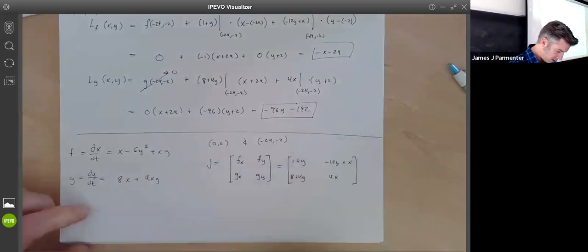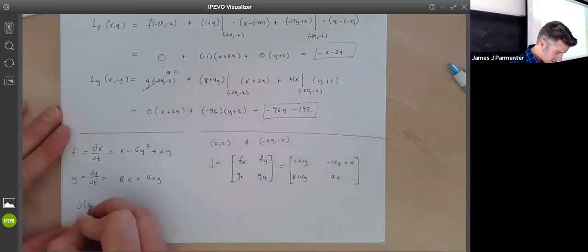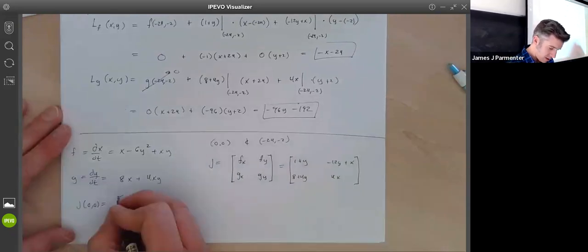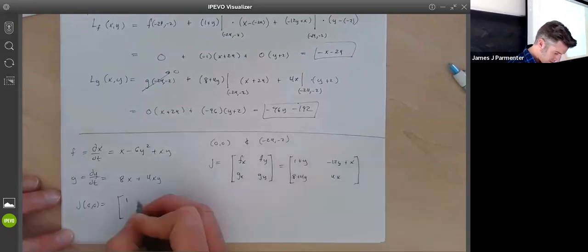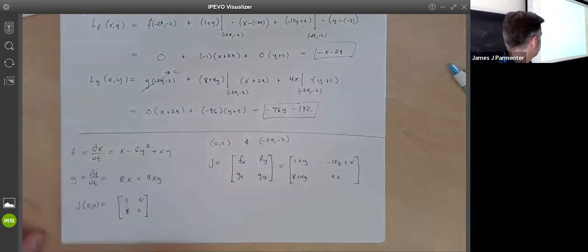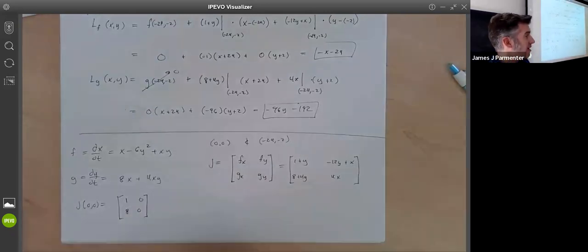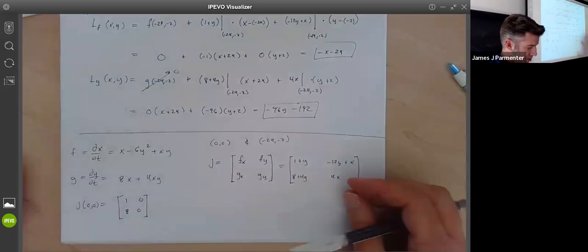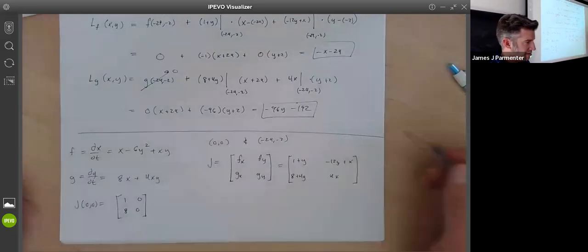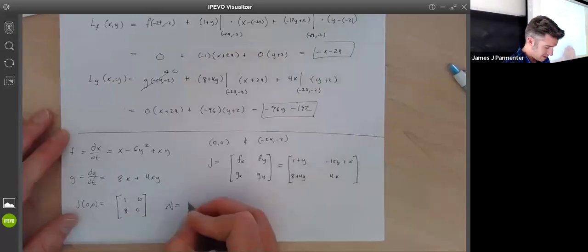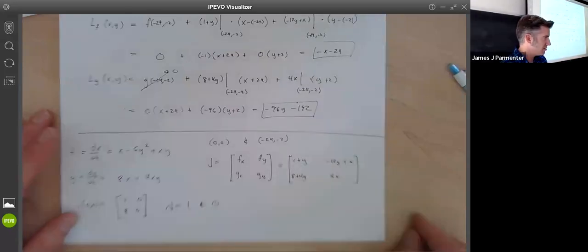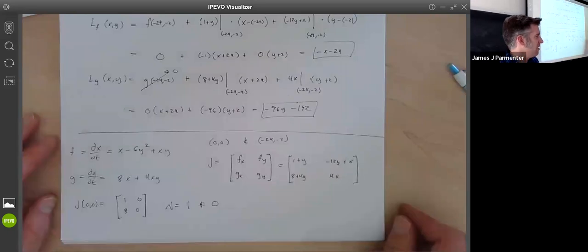If we look at 0, 0, our Jacobian there is going to be 1, 0, 8, 0. This is kind of a weird situation. Where are the eigenvalues here? 1, and I think even 0 is an eigenvalue.